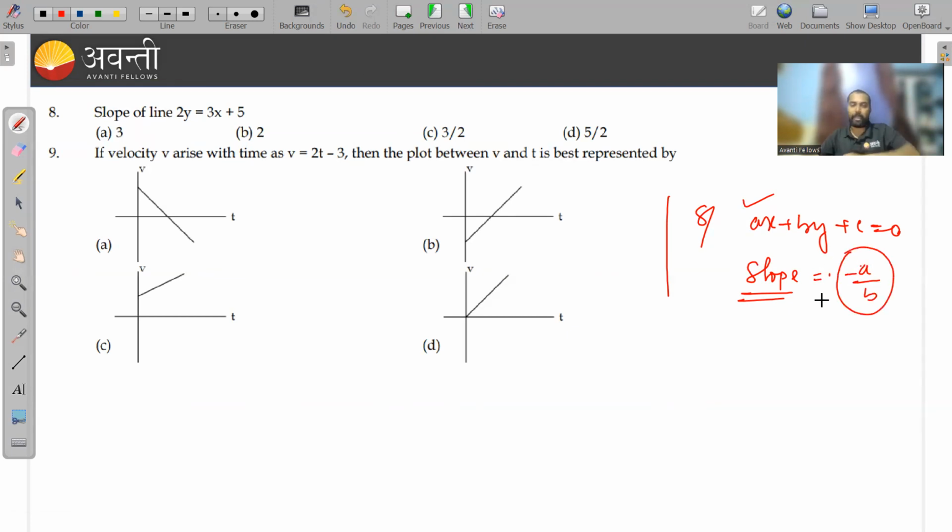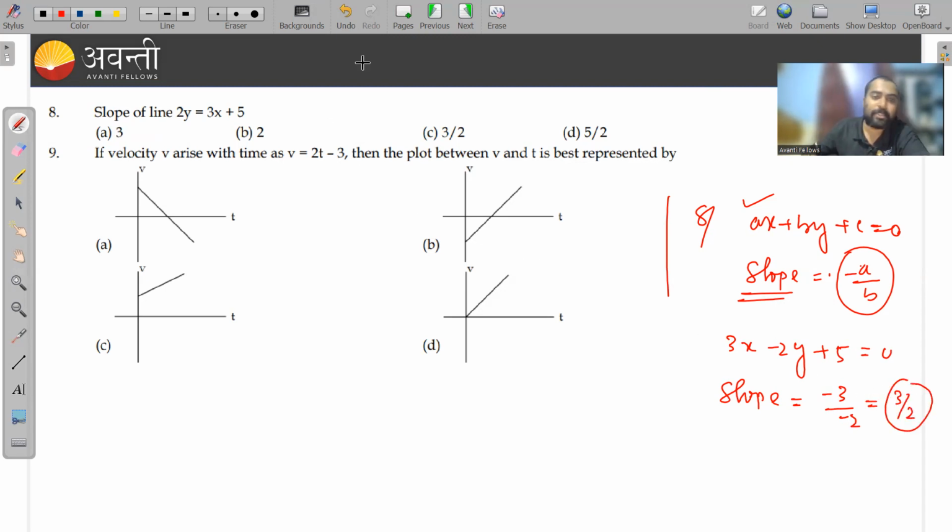In the question, it is given that 3x minus 2y plus 5 is equal to 0. So here the slope will be minus 3 upon minus 2, that is 3 upon 2. The slope of this line is 3 upon 2 and option C is correct.